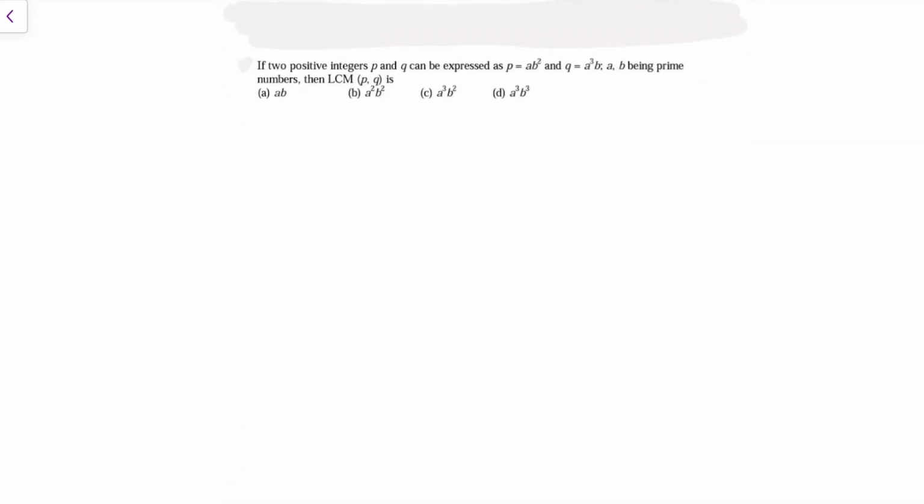Oh, sorry, again the same question. P is given as a b square and q is given as a cube b. To find the LCM, always we will prefer the highest power. Now a power 1 and a power 3, always we will prefer the highest power for LCM.